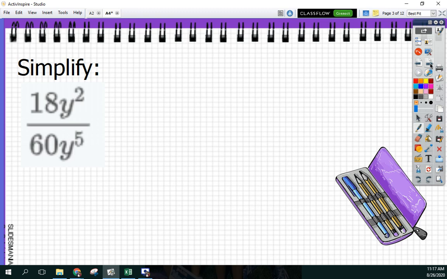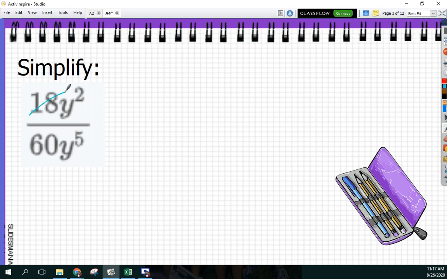However, we want to choose the biggest number that will go into them. And so hopefully we realize that then it would be 6, because 6 goes into both of those. So if we reduce both of those by 6, 6 goes into 18 3 times, and 60 10 times.